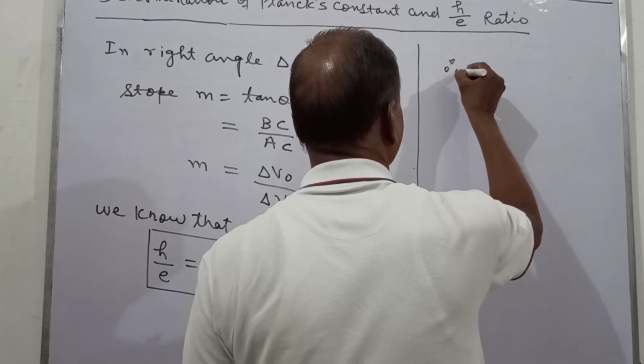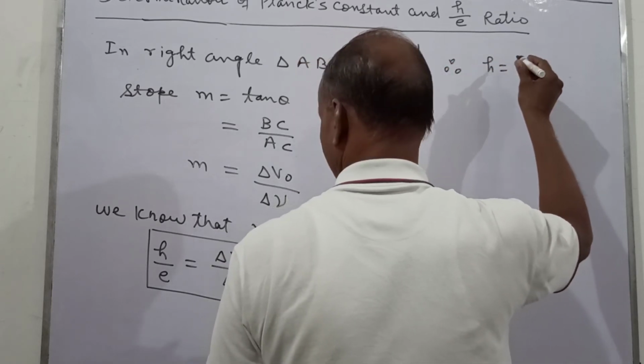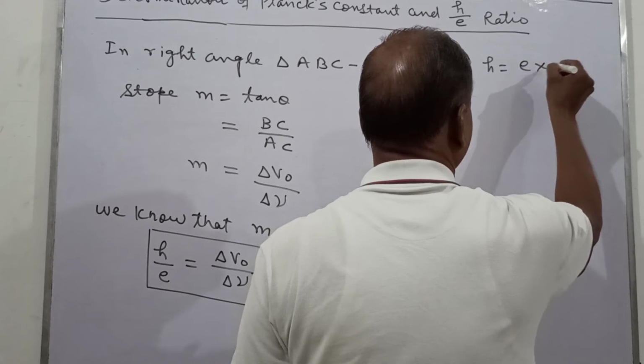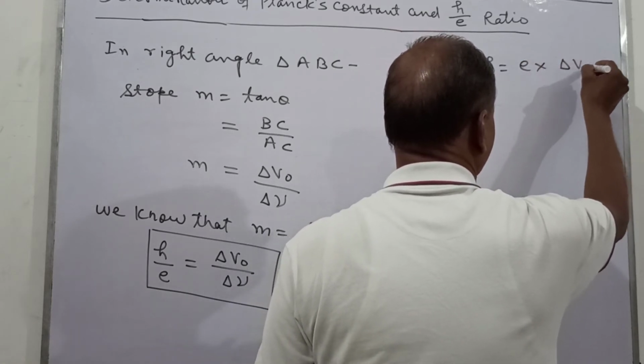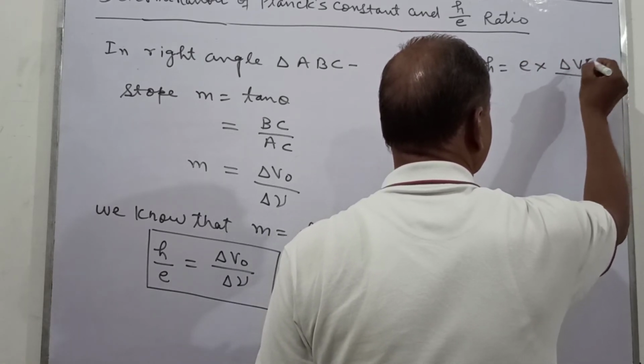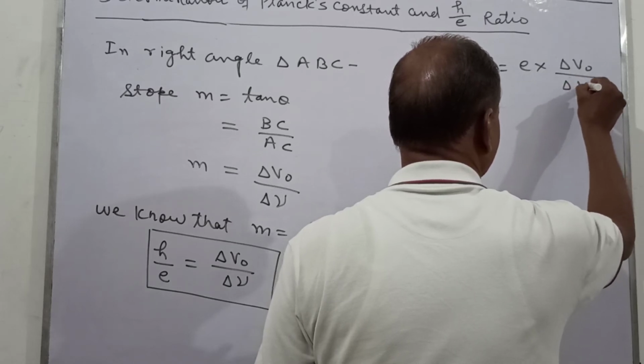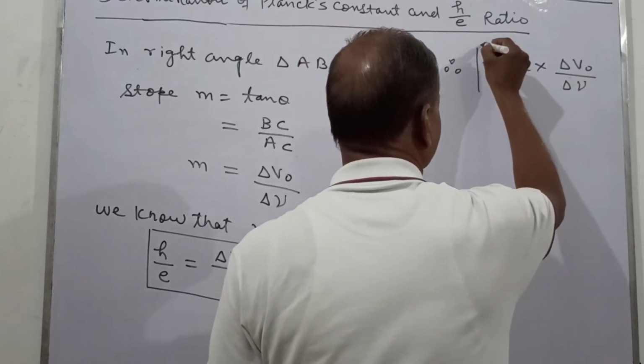Now you can find the value of H. Therefore, H equals E into delta V naught upon delta nu.